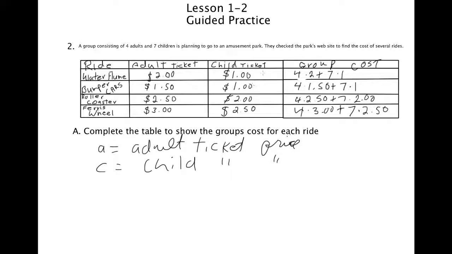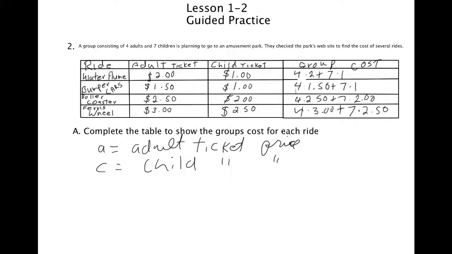What kind of pattern do we have? For this group of adults, let's say the prices change or they want to do different rides, we can get a pattern that we can use for any price to determine what the total group cost would be.